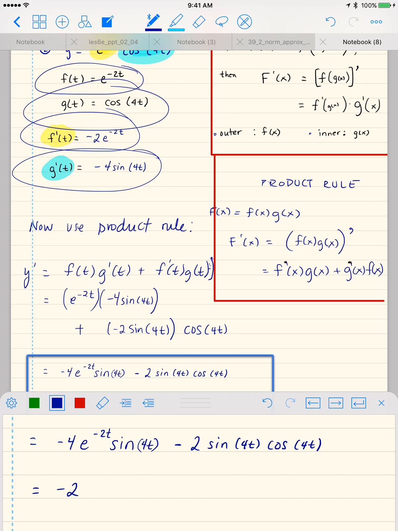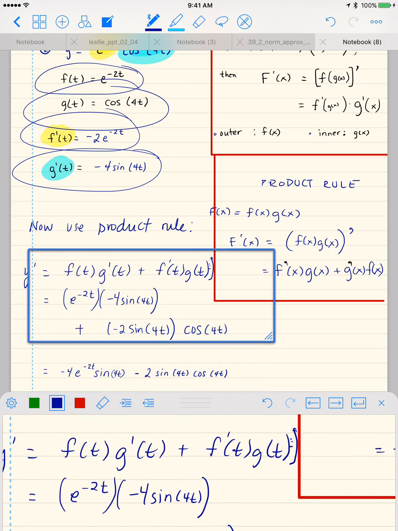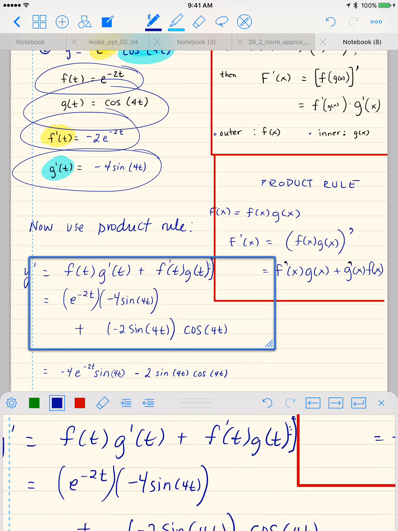Wait, f prime. I think I made a mistake up here. So let's see here, so I need f. So for f, e to the negative 2, that's correct. G prime, negative 4 sine 4t, that's correct.